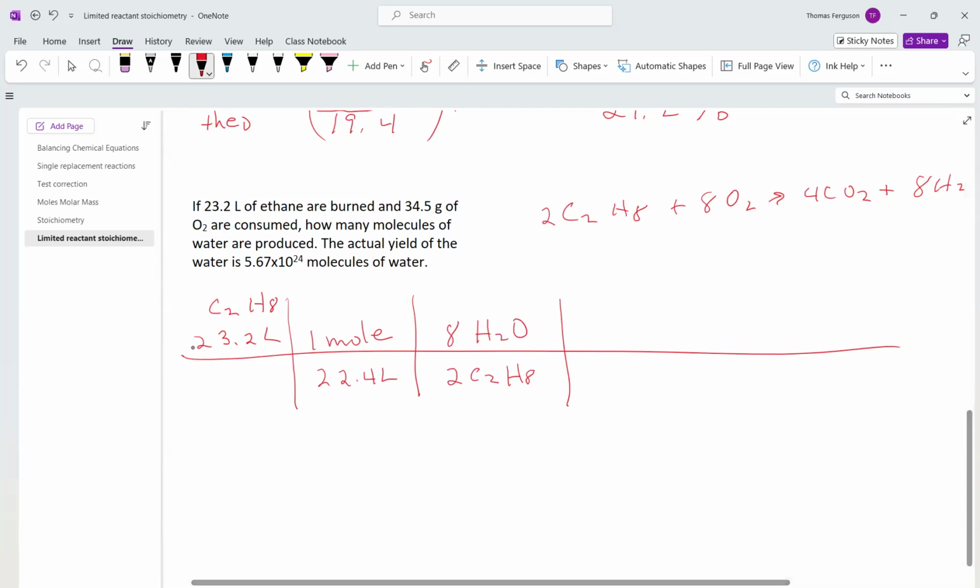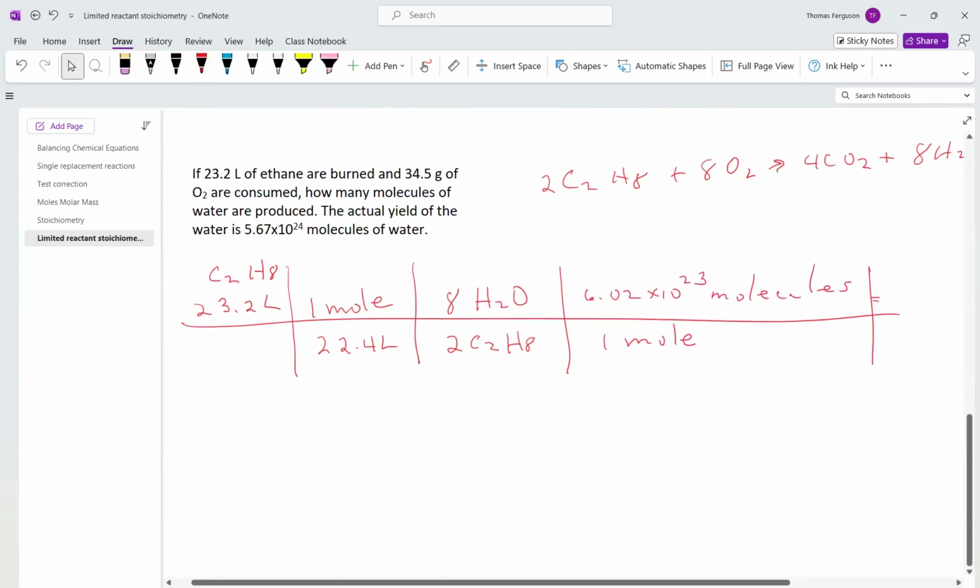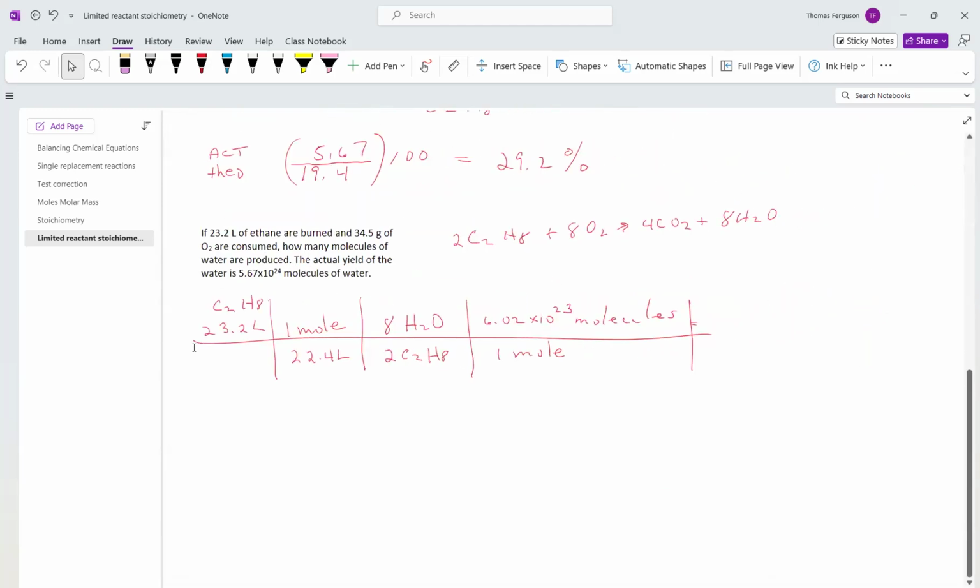And then we need to convert that to grams, or not grams, but number of molecules. Okay.